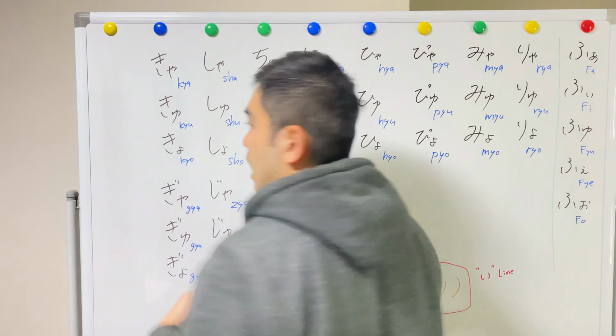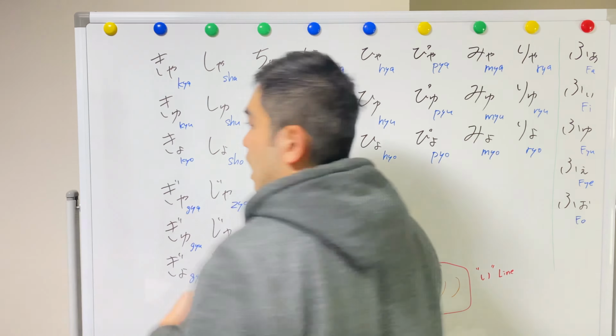These consonants have the same vowel, which is i: ki, shi, chi, ni, hi, mi, ri, right? This combination of sounds is called yoon in Japanese.